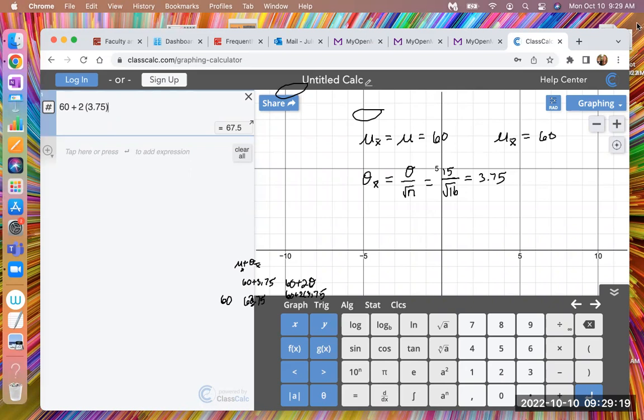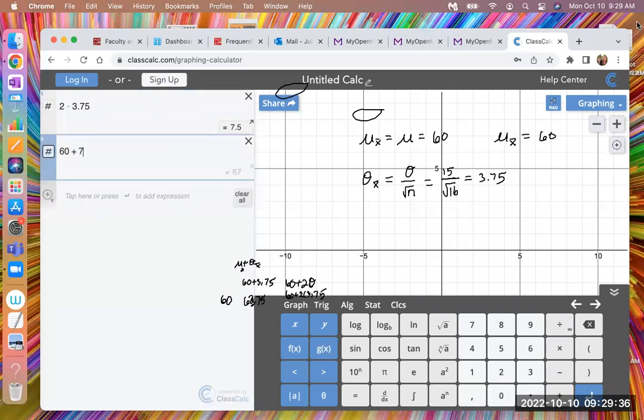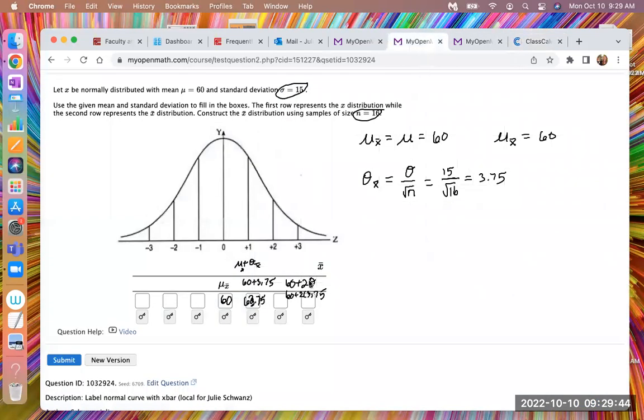So I would always do 2 times 3.75 and get 7.5, then do 60 plus 7.5 to make sure we followed order of operations correctly, and we get 67.5. So that is the next number to go in here.